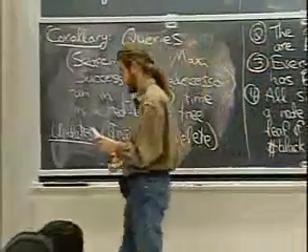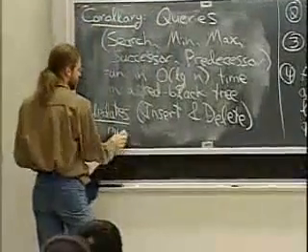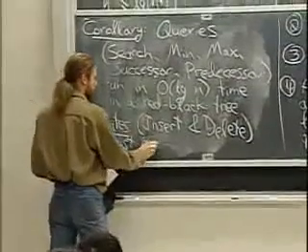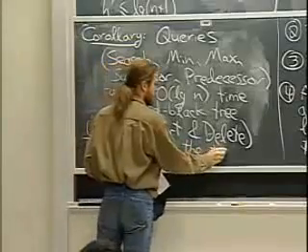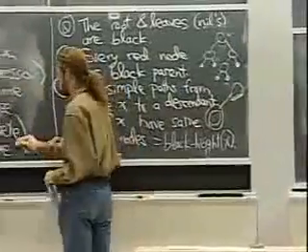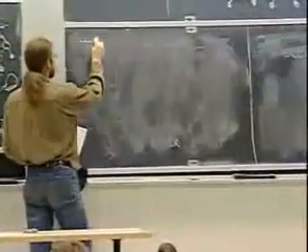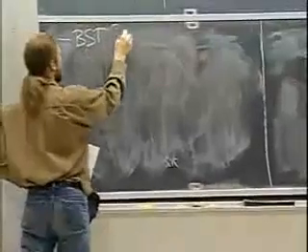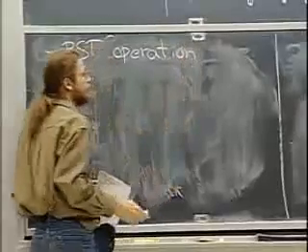So updates must modify the tree. And they're going to do it to preserve the red-black properties. They're going to do it in 3 different kinds of modifications. The first thing we will indeed do is just use the BST operation, tree insert or tree delete.